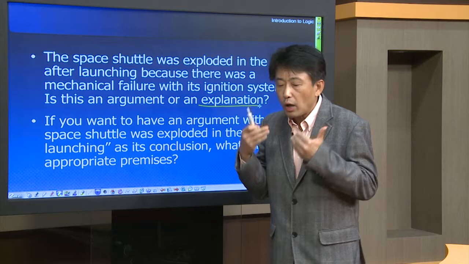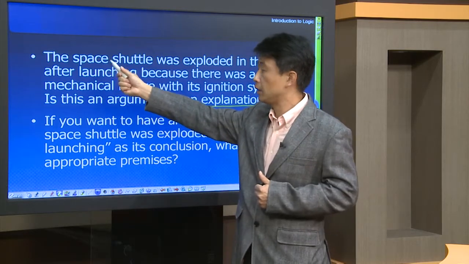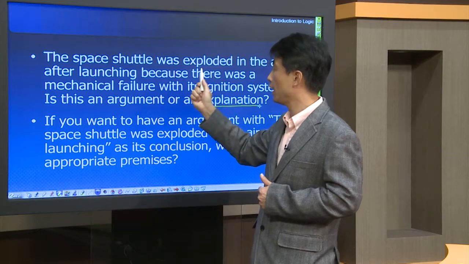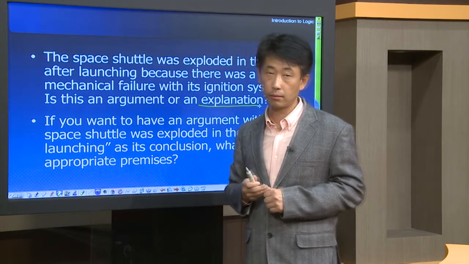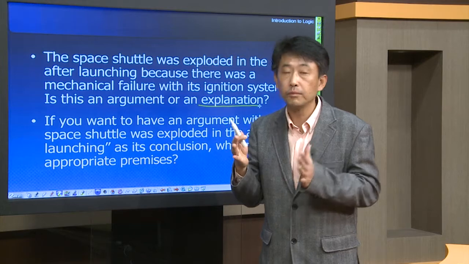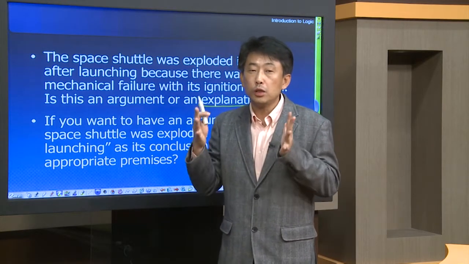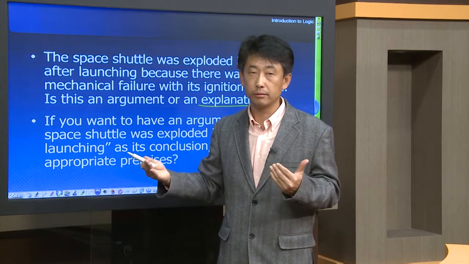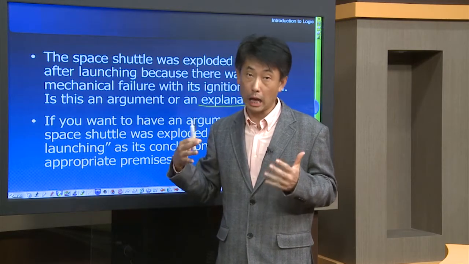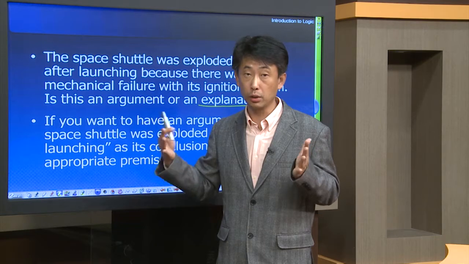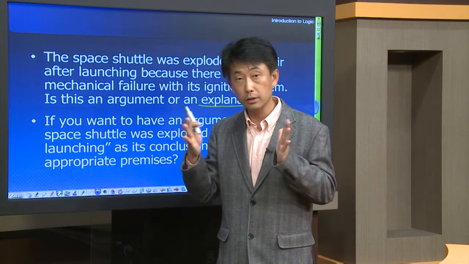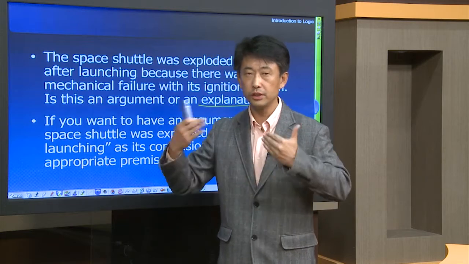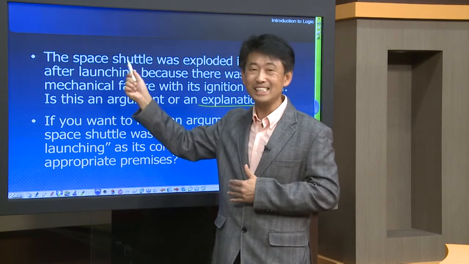If you are trying to argue for this conclusion, the space shuttle exploded in the air after launching, the context is that people still have not heard about it and do not believe what you are saying. They are doubting whether the space shuttle actually exploded or not. Okay, that's the circumstance. And here you are trying to present reasons why this is actually true.